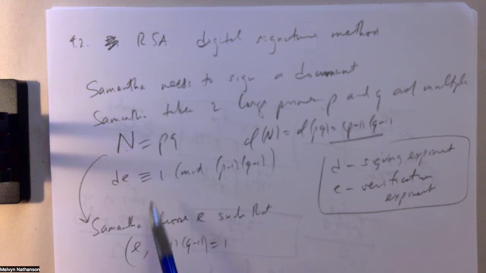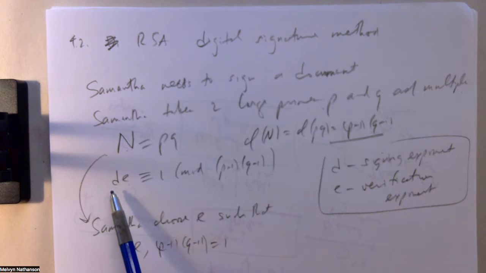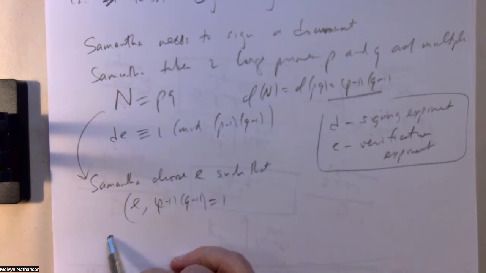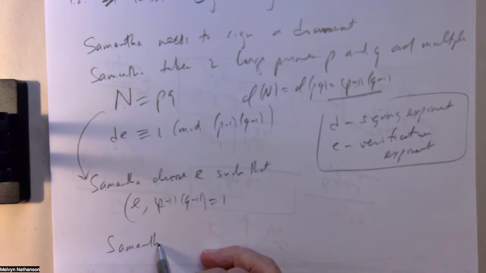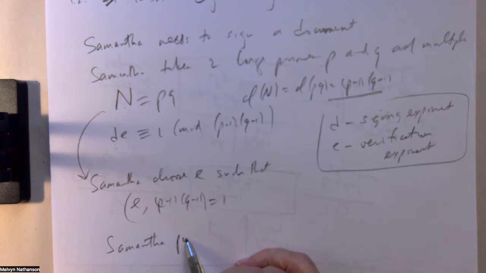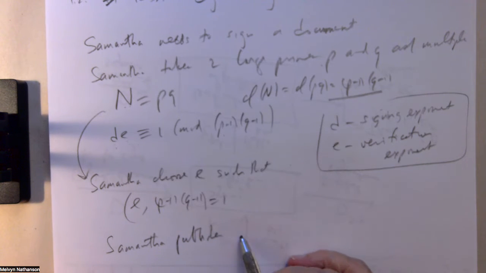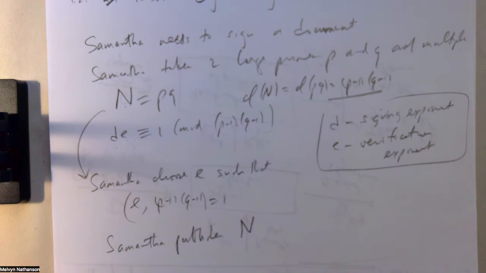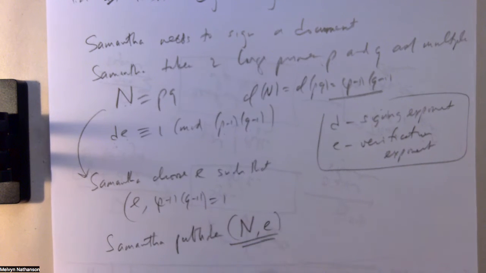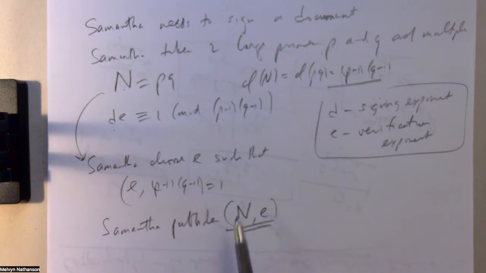And if that's the case, then there's a number D such that D times E is congruent to 1 mod (P minus 1)(Q minus 1). And Samantha publishes to the world the number N and the number E. So everyone knows what capital N is, and everyone knows what E is.